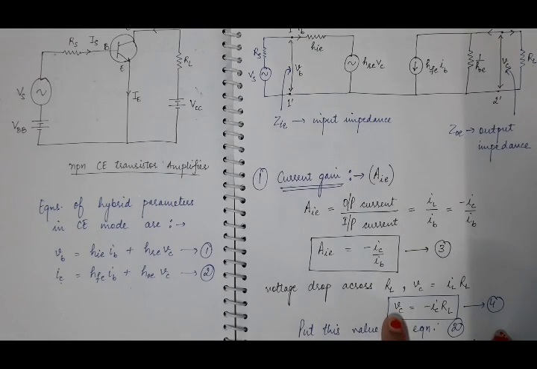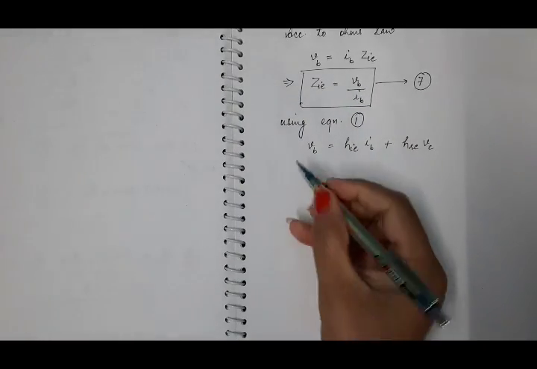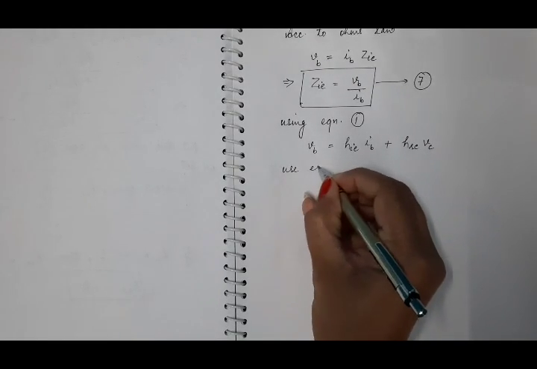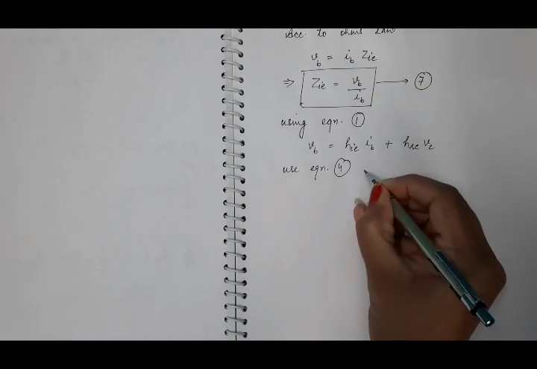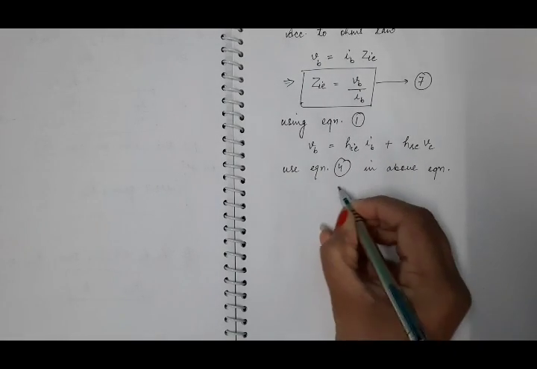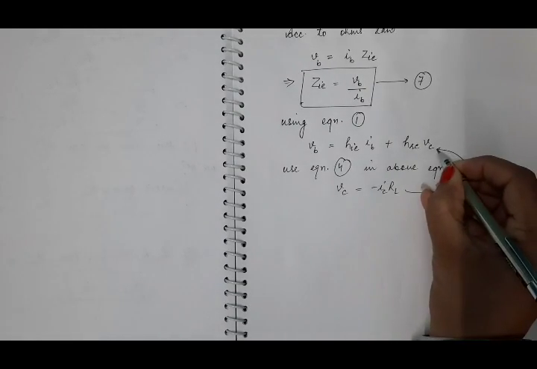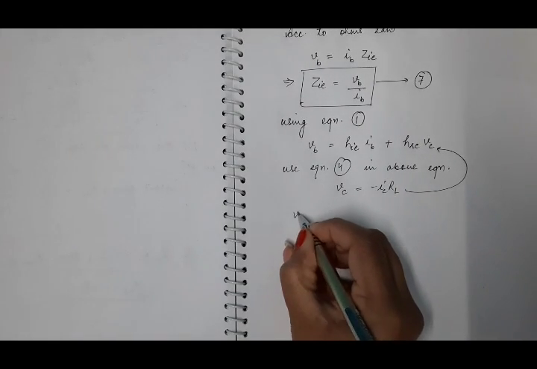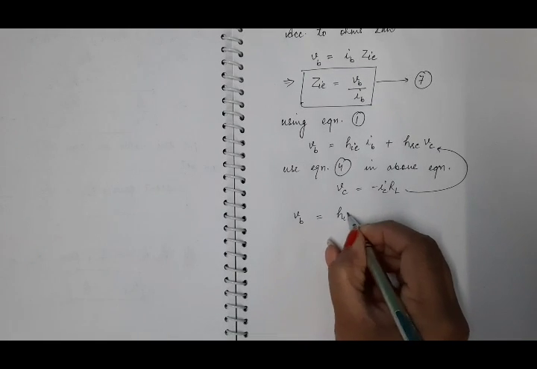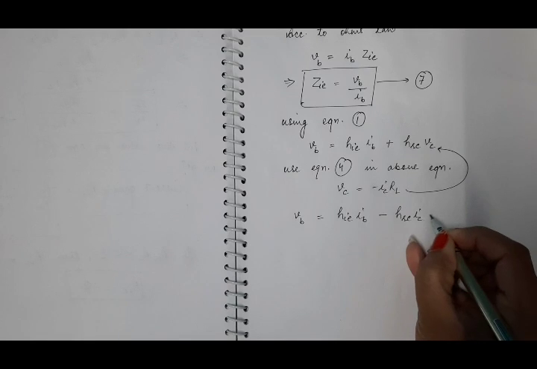From equation 4, VC is equal to minus IC RL, and put this value in equation number 1. Put this value here and you will get VB equal to HIE IB minus HRE IC RL.